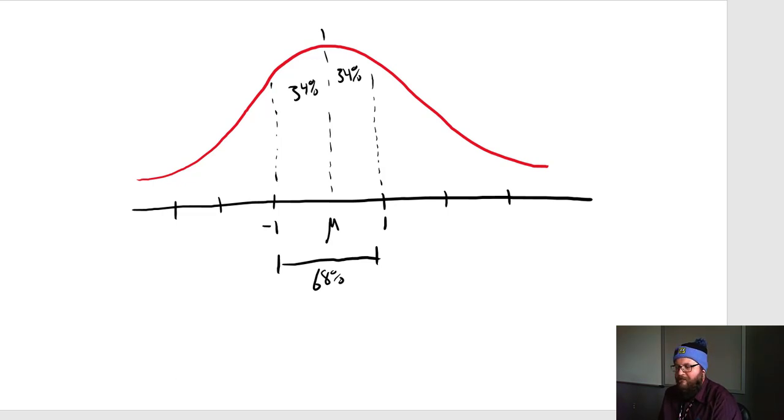Okay? And then if you're going to go from -2 to 2, and that accounted for 95% of the data.